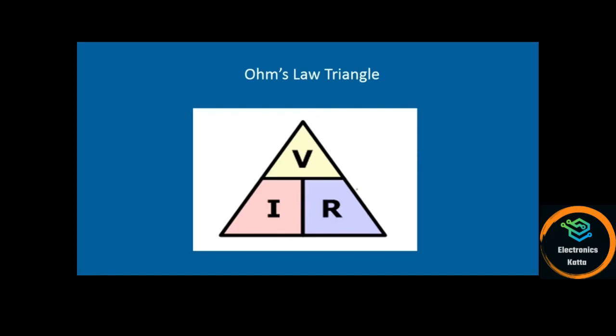Let's say you know the current and the resistance in the circuit, then voltage is V equal to I into R. Or if we know the voltage and current, then resistance R is V divided by I. Likewise, current I is V divided by R.